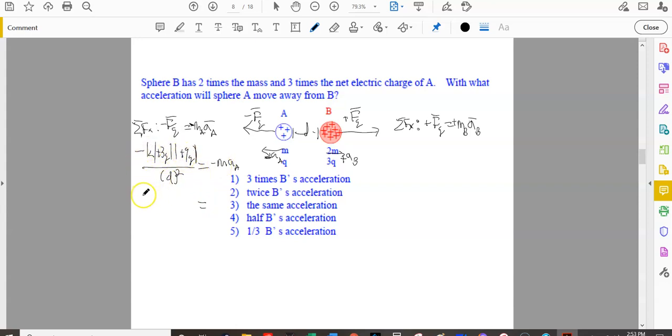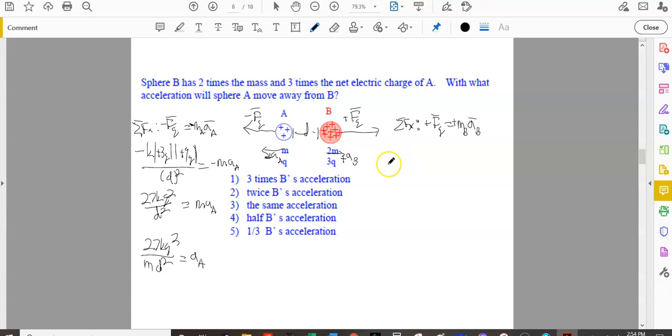So the top part just becomes 3 times 9, which is 27 kq squared over d squared, and this is equal to the mass of A, which is just m, times the acceleration of A. So this is 27 kq squared over m d squared, and that's the acceleration of A.